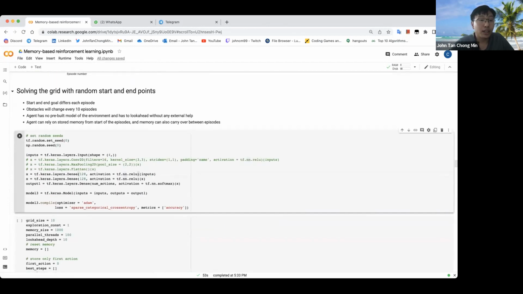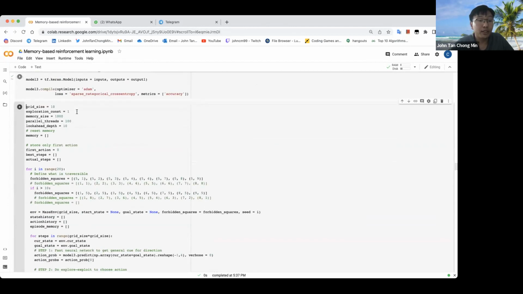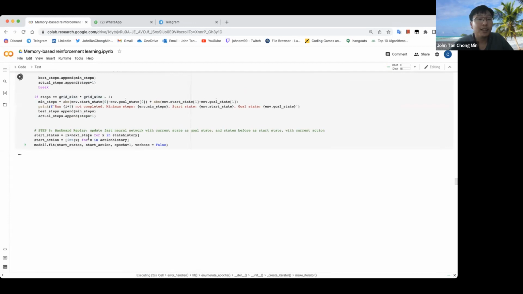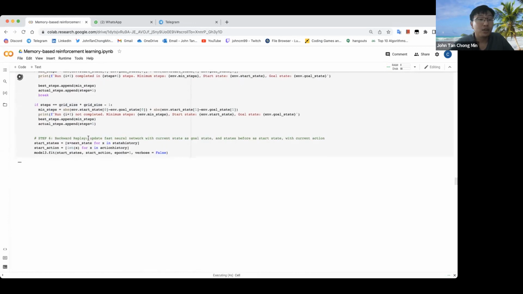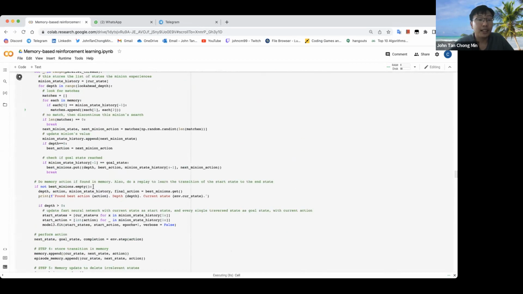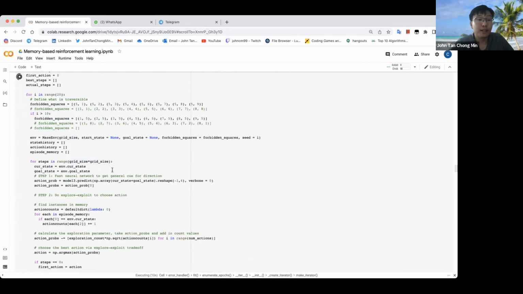Then we also do some experiments with random start and end points with some forbidden squares, like I described earlier. After 10 episodes it will change, and then you can see that, oh, maybe I shouldn't run this. This takes a bit of time. But the rest of the results are as shown; there's little change in the code. The only change is up here.